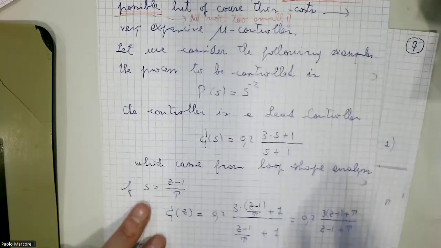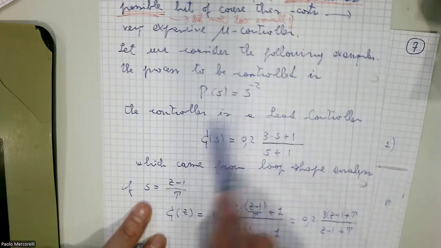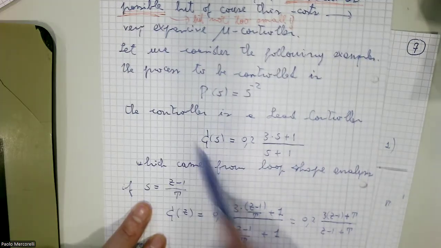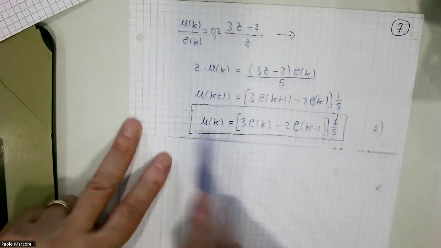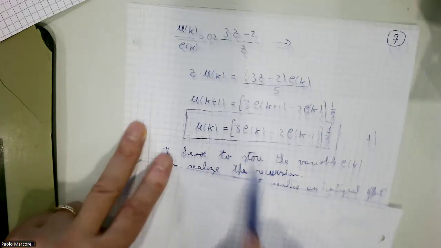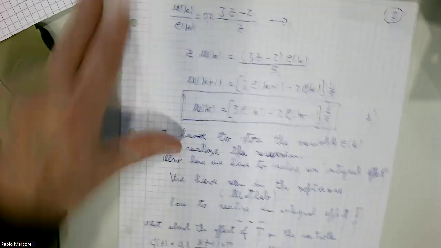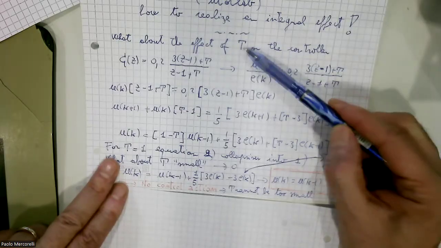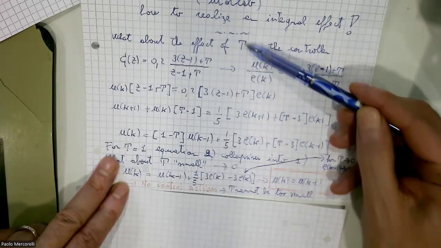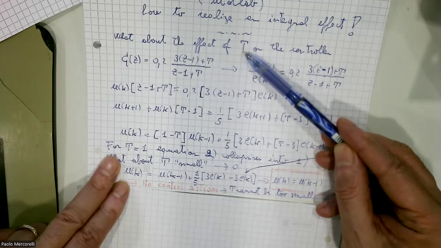Our U should be calculated using this expression here. U of k, in some sense, is easy to calculate.